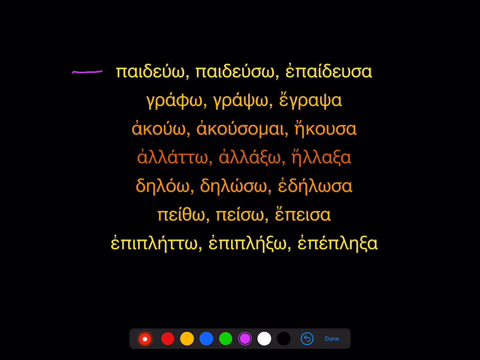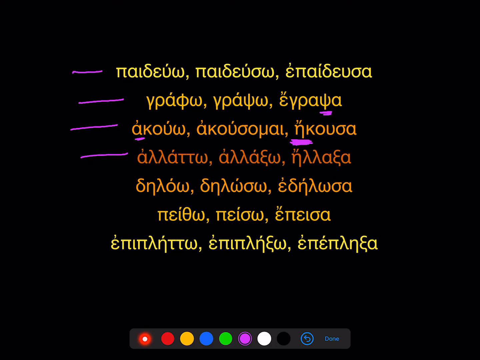Paideúo, paideúso, epaídeusa. Grápho, grápso, égrapsa. Akoúo, akoúsomai, ékousa. Look, here the augment is a temporal augment, not a syllabic augment, right? We augment it by lengthening the alpha into an eta.